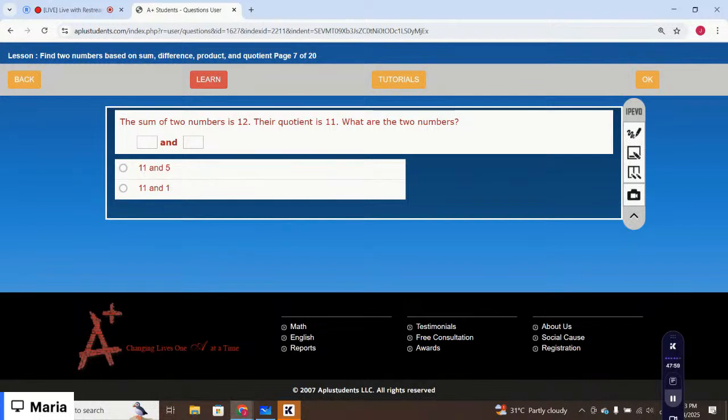The sum of two numbers is 12 and their quotient is 11. What are the two numbers?